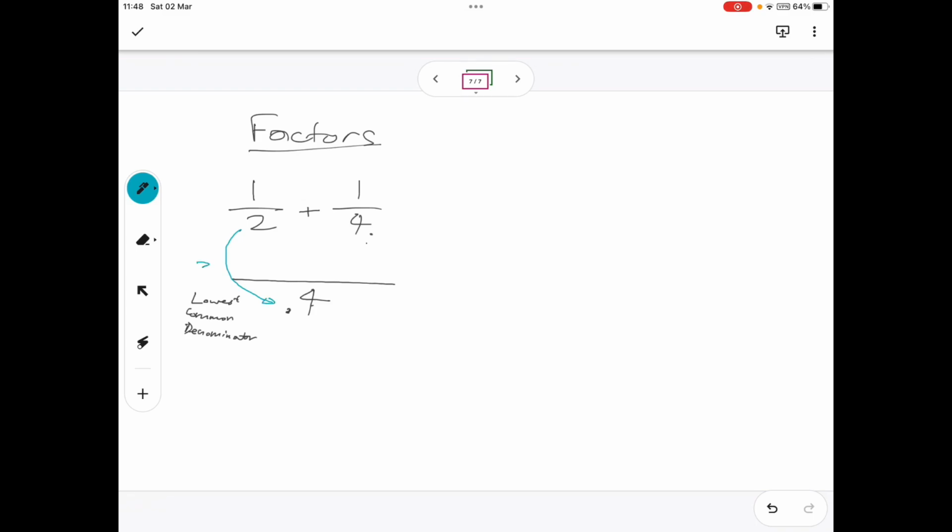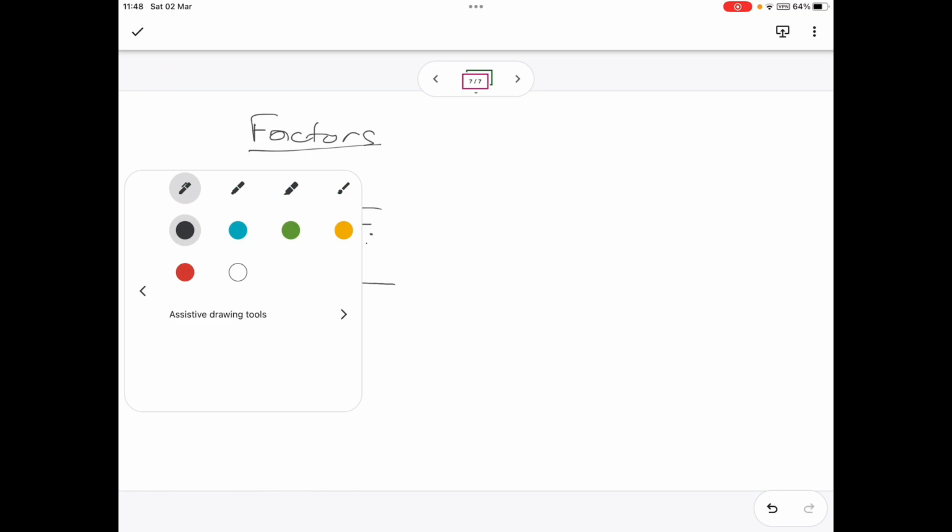So how we then divide is we say how many times does 2 go into 4? It goes twice. And then we reverse the calculation, but this time we go upwards and say 2 times 1.